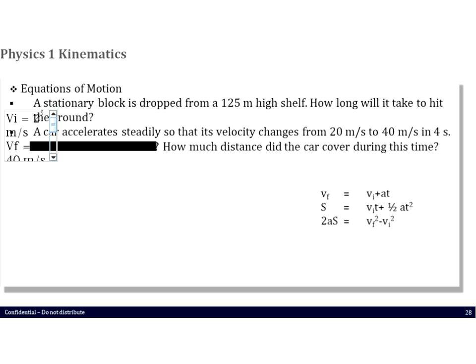Okay, 20 multiplied by what is time? 4, plus half multiplied by A. A was 5, multiplied by T squared. 4 squared is 16. So S is equal to 20 multiplied by 4 is 80, plus 80 by 2 is 40, equal to 120 meters. Good, very good.